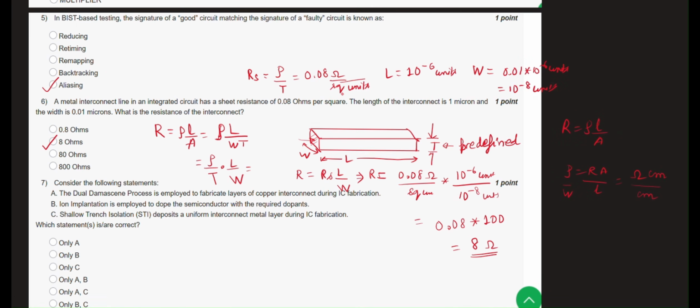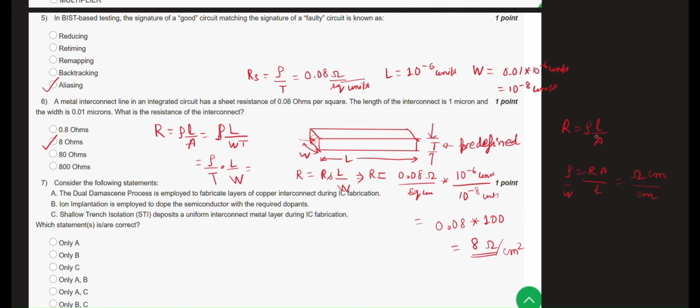Guys, I was wondering why my units were not matching. The given unit was ohm per square, and this unit of L by W was cancelling out, so the answer was coming with the unit ohm per square, whatever that was. So I checked this formula.